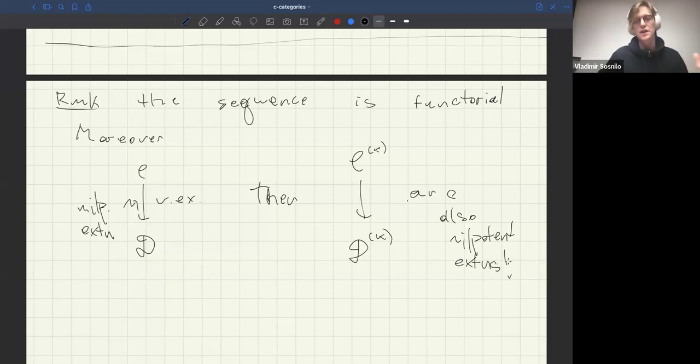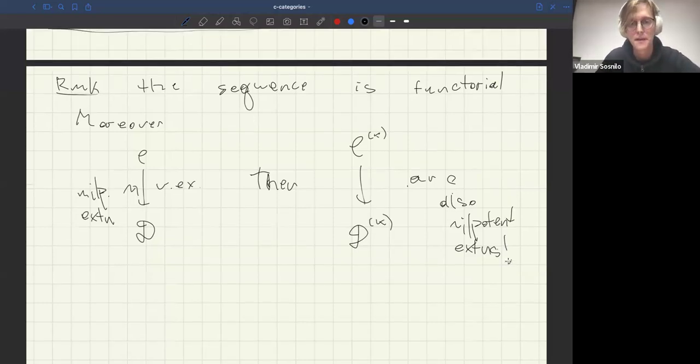And so in particular, you can just generalize automatically any result that you know about nilpotent extensions of weighted categories to results about nilpotent extensions of C categories, just using this resolution.